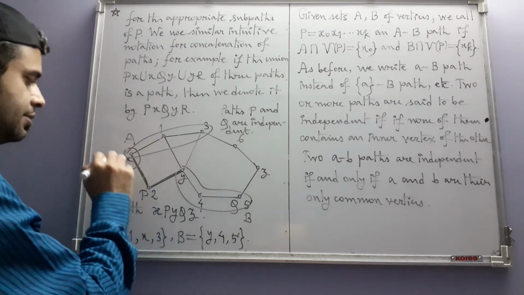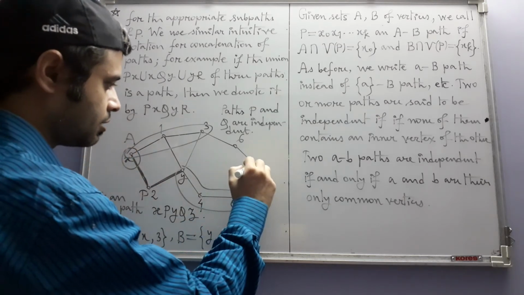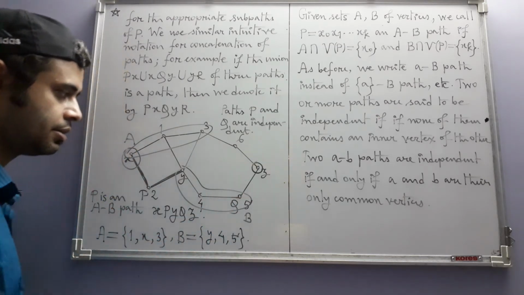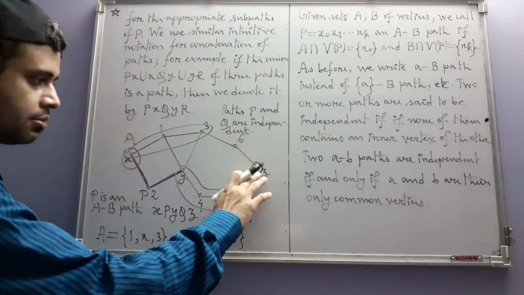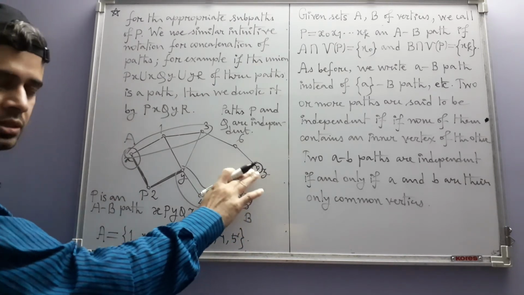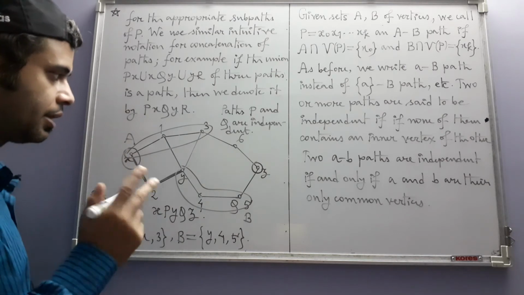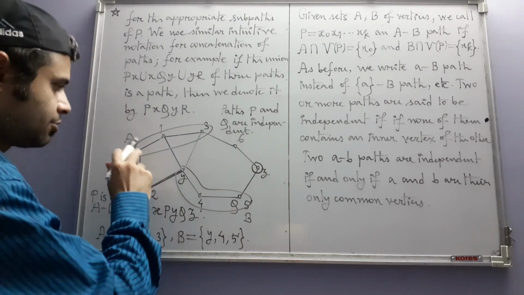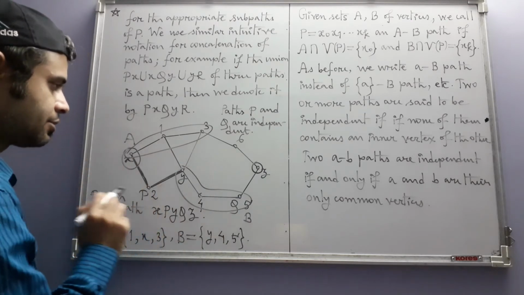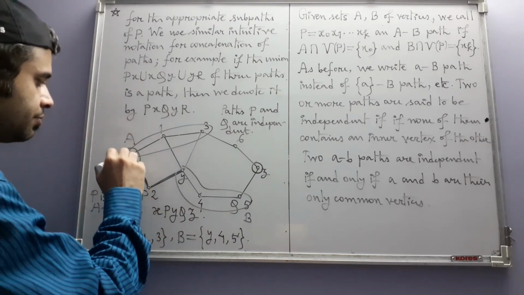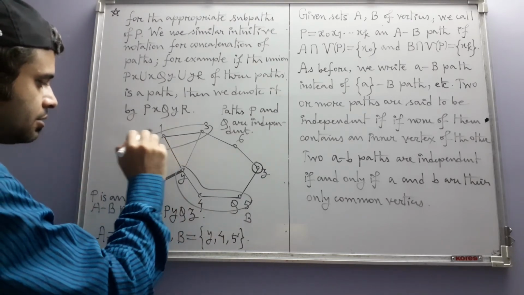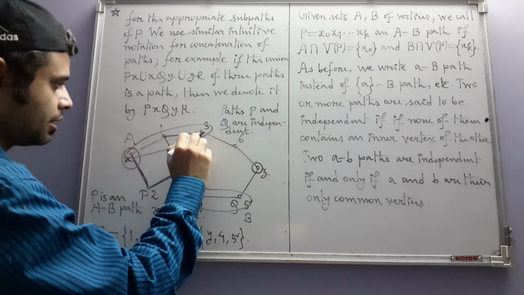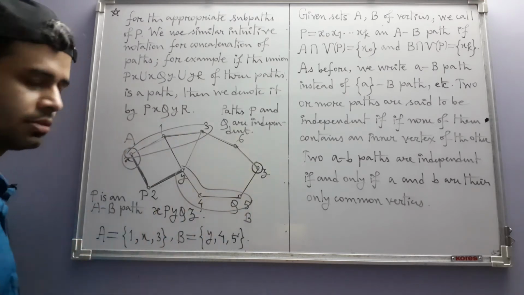If A is this vertex x and B is this vertex z, then there are two AB paths here. Actually there are many AB paths, but let's consider two of them. One of them is x136z.